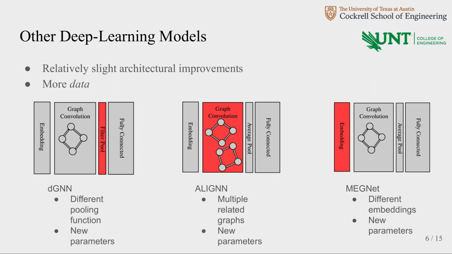There are other networks here which are slight variations on this CGCNN model. DGNN on the far left is a model that adjusts CGCNN specifically to work for defected crystals. The way they change it is by changing that average pool, where the vectors for each atom are averaged together, into this filter pool.